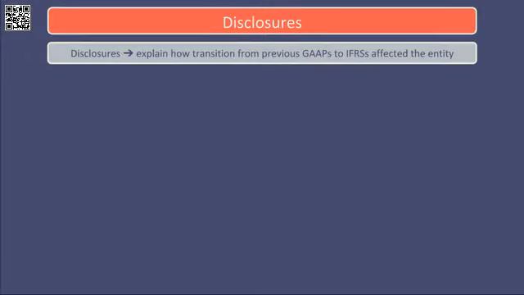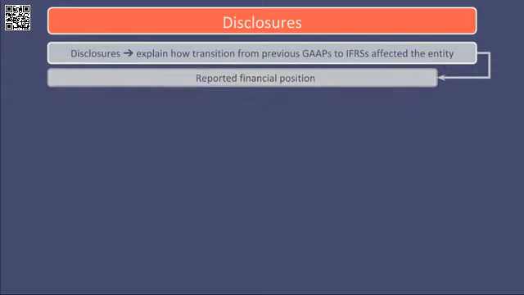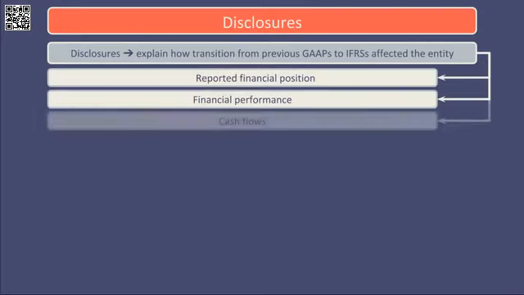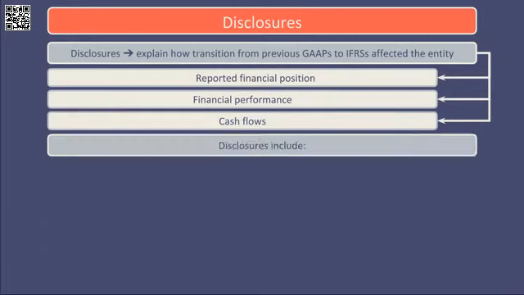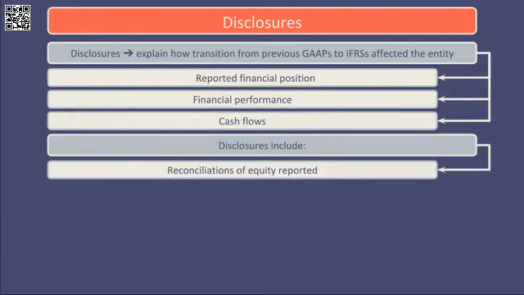IFRS 1 requires disclosures that explain how the transition from previous GAAP to IFRS affected the entity's reported financial position, financial performance, and cash flows. So it needs to include 1. Reconciliations of equity reported under previous GAAP to equity under IFRS, both at the date of transition to IFRS and at the end of the last annual period reported under the previous GAAP.